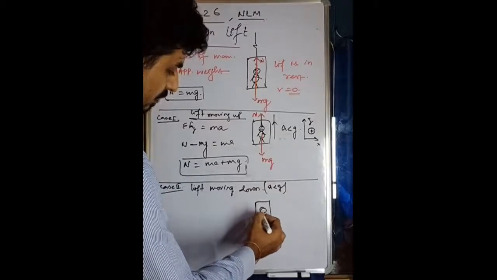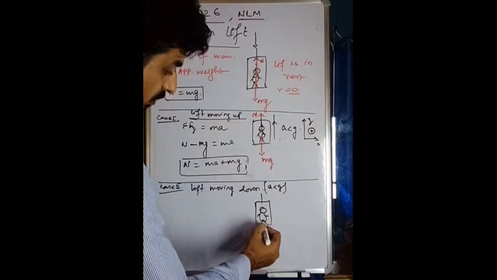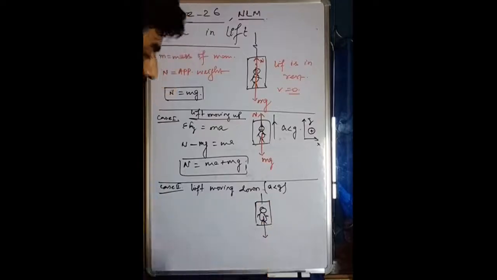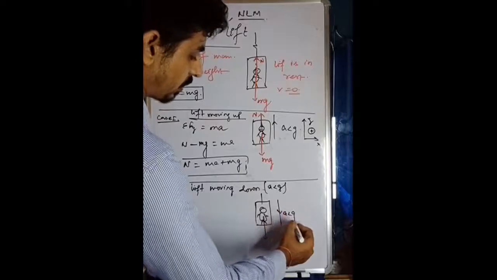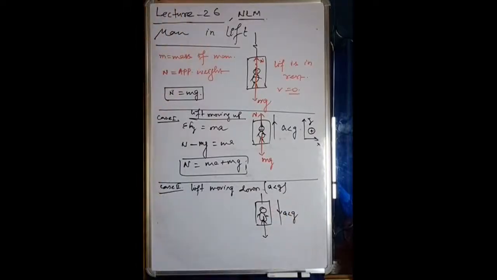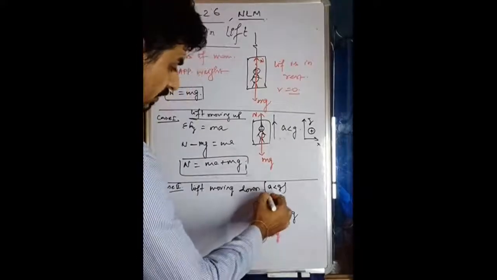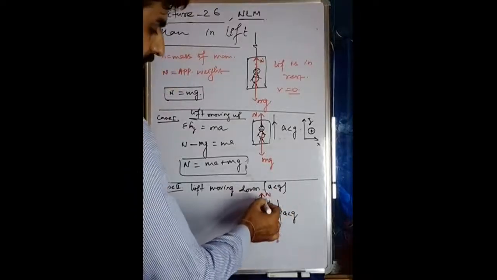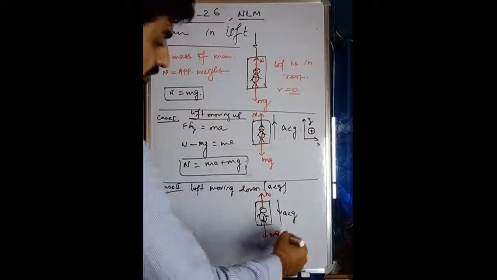Again this lift, Taklu inside the lift, we don't know whether this Taklu is happy or not, but this lift is going with an acceleration a downward. We'll get here the mg and the normal reaction. Okay, the normal reaction on the Taklu, that is by the lift.